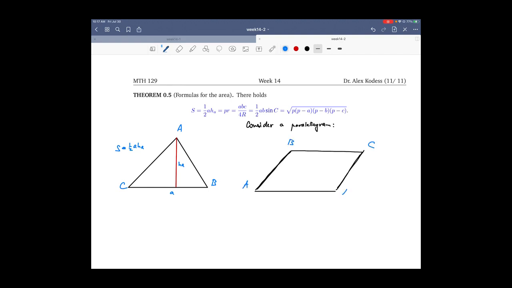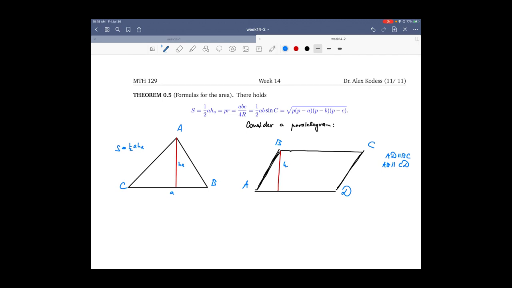So in particular, AD is parallel to BC, and AB is parallel to CD. So what we're going to explain is that the area of this parallelogram is, say for instance, AD times the height h dropped on the side AD.